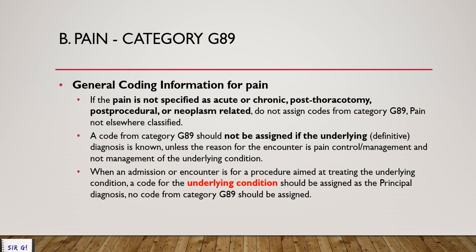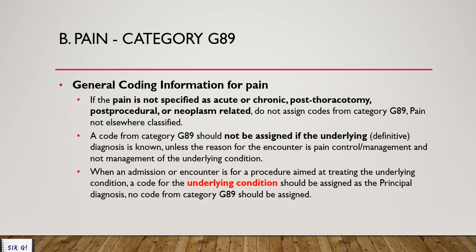A code from category G89 should not be assigned if an underlying definitive diagnosis is known, obviously, and the reason for encounter is pain control or management, and not management of the underlying conditions. When you see the definition of G89, pain not elsewhere classified, it's vague.